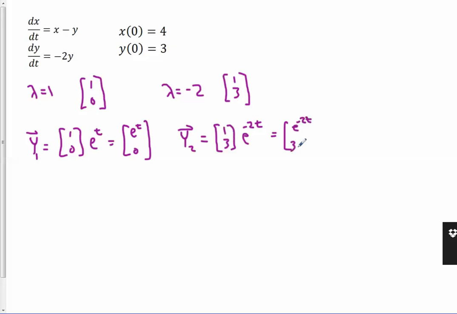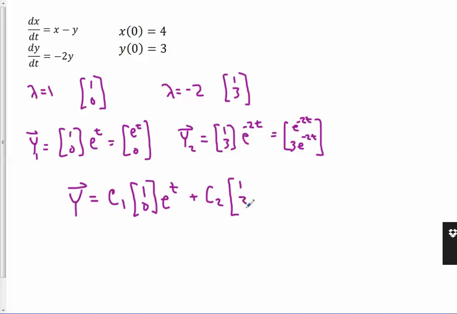I had the exponentials inside rather than pulled to the outside of the vector, but it's the same thing. And now that means that we have the general solution.